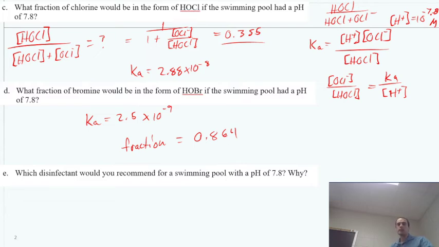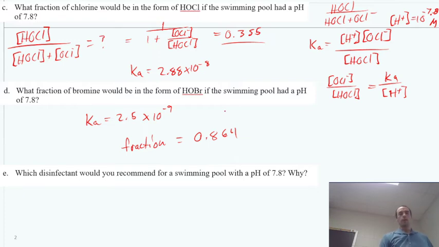Okay, so part E says, which disinfectant would you recommend for a swimming pool at a pH of 7.8 and why? I think everybody gave me an explanation given what you had just solved. Usually you were thinking about which one has more of the H version, the HOCl or HOVR, at pH 7.8.